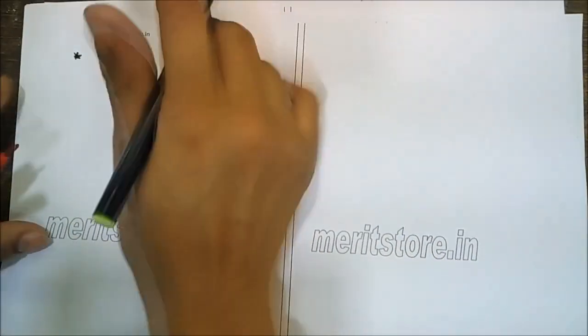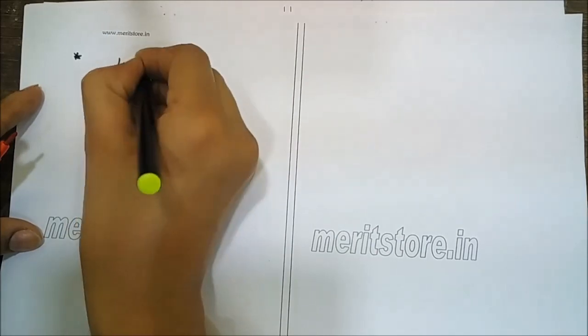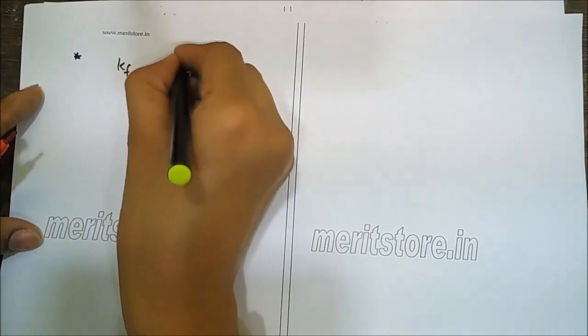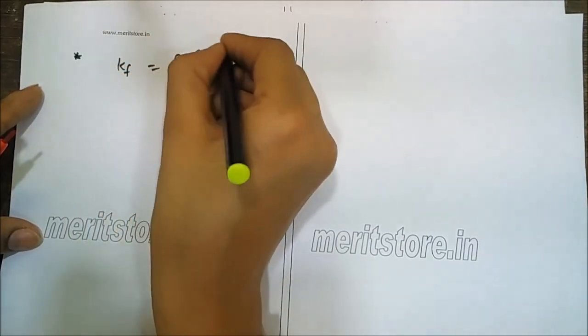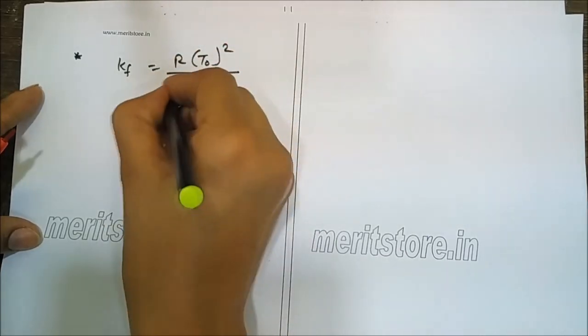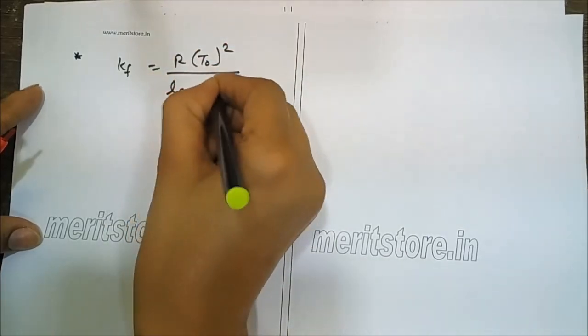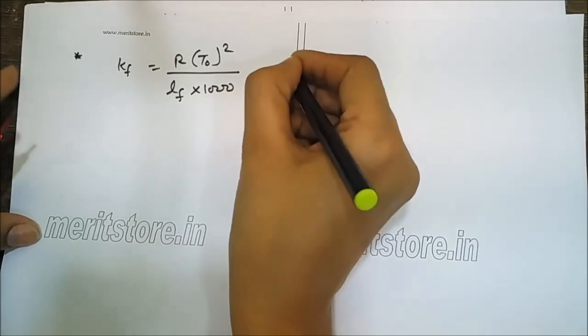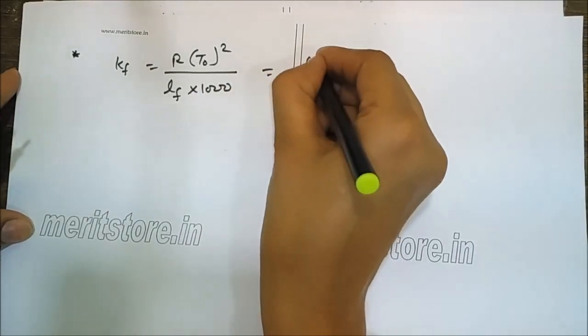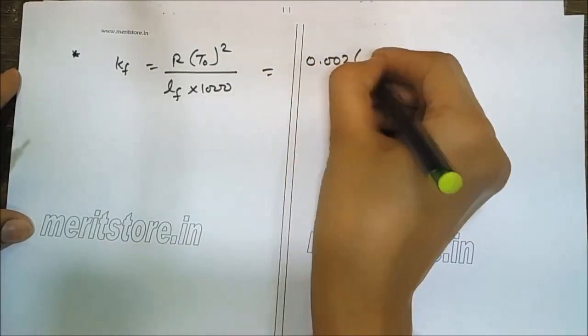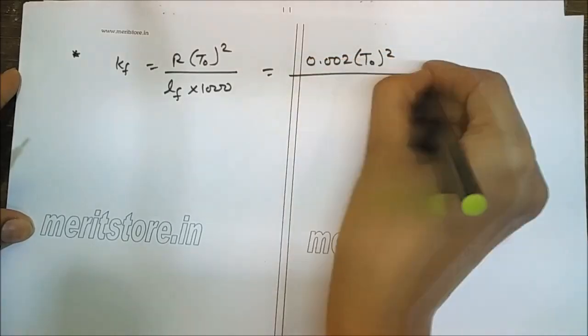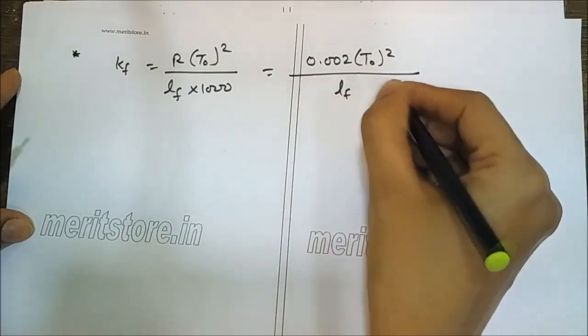We have one more formula for calculation, that is Kf = R T0 square upon Lf × 1000, or we can write 0.002 T0 square upon Lf.